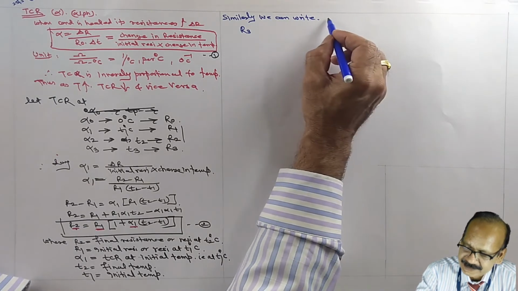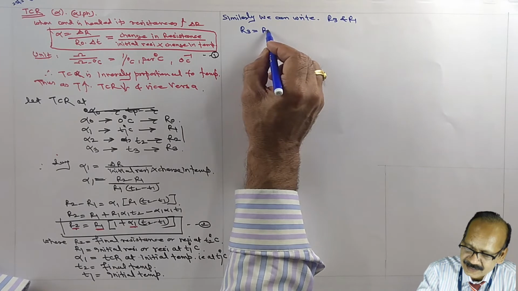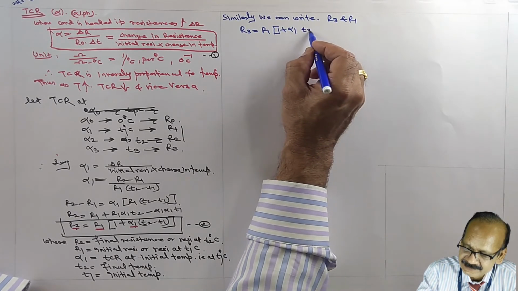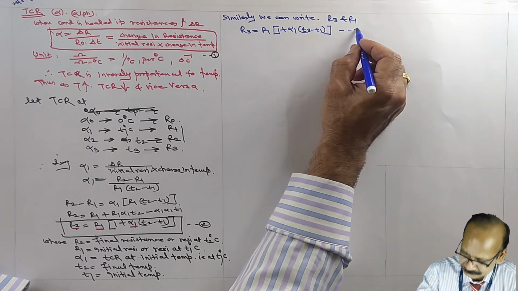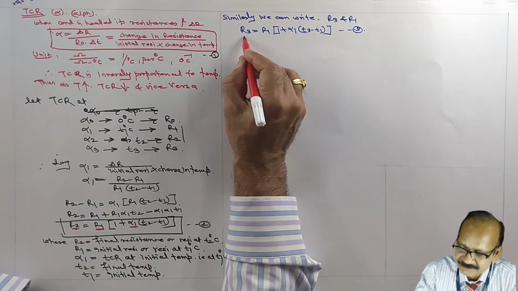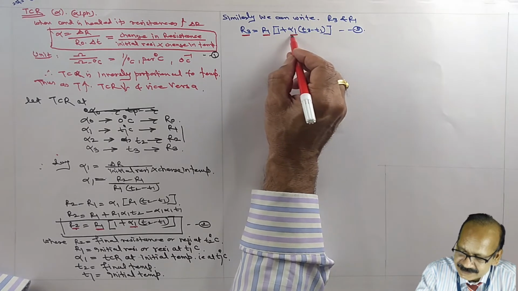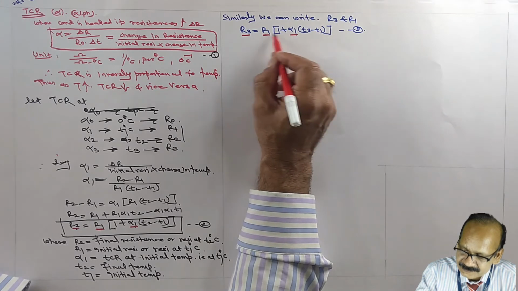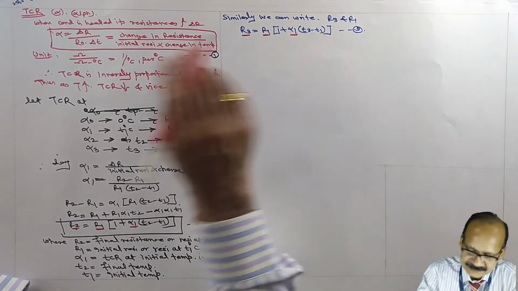Similarly, we can write the relation between R3 and R1: R3 equals R1 into bracket 1 plus alpha 1 into T3 minus T1. Here also this is the final resistance, this one is the initial resistance, and this TCR should be at the initial temperature, and T3 minus T1.